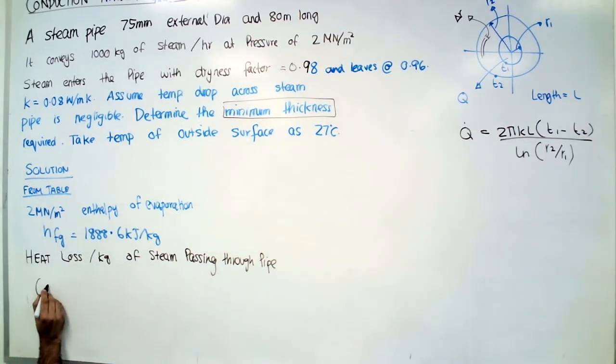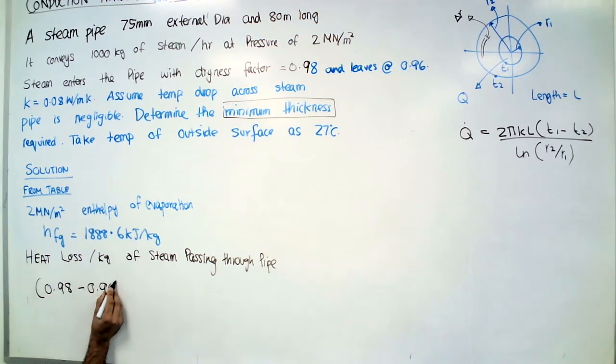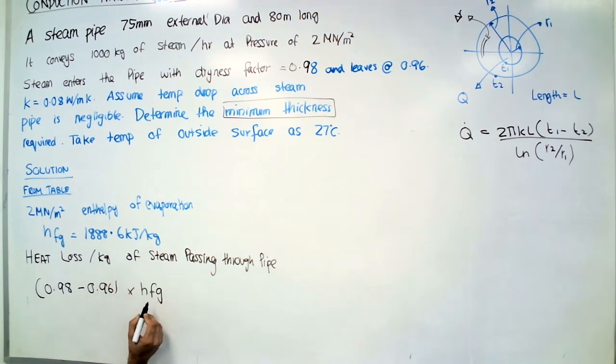So it's going to be 0.98 minus 0.96, the difference between the dryness factors, multiplied by the hfg value. Now this value is 18.6 kilo. Remember that one, kilo. So we'll get that answer in kilos straight away, so we don't have to convert that one.